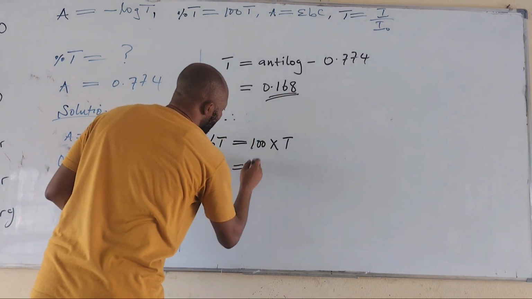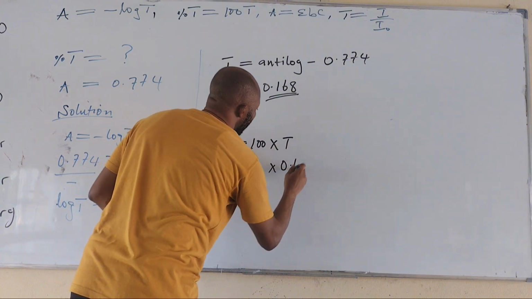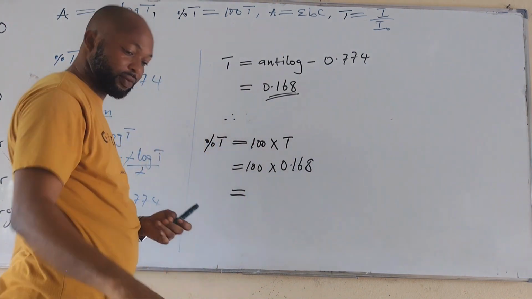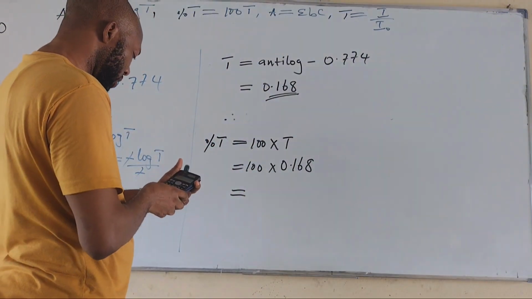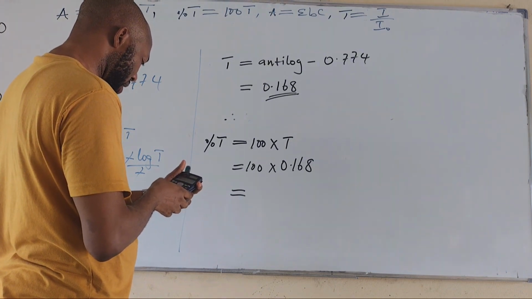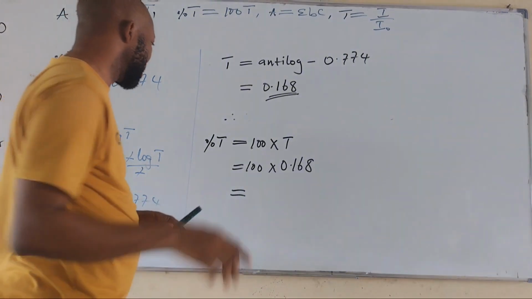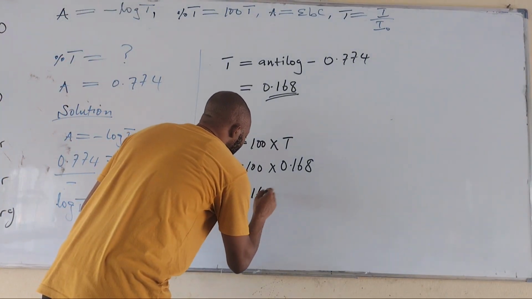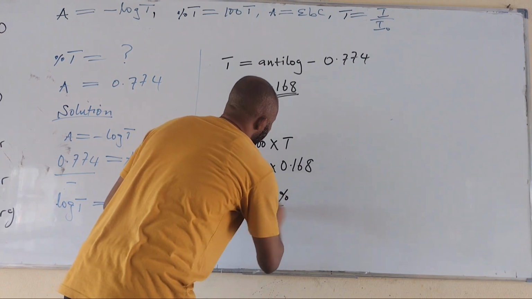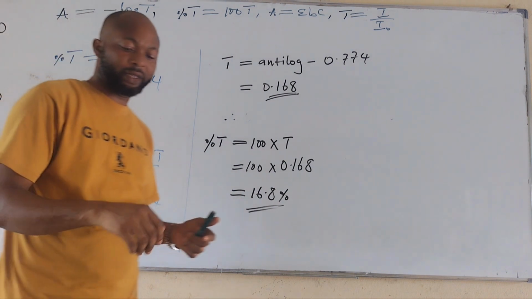This is equal to 100 times 0.168, which is 16.8. So the percentage transmittance here is 16.8%.